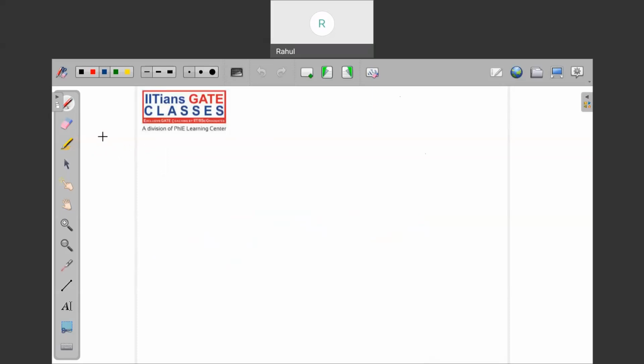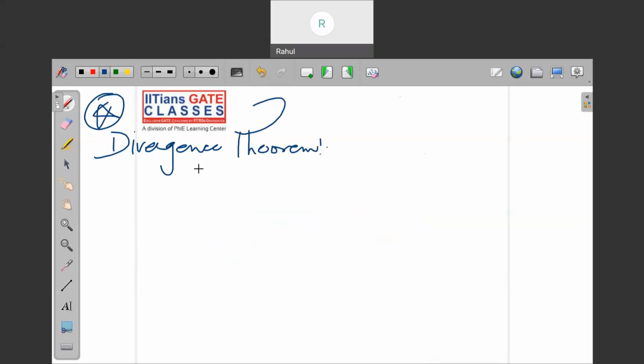So the divergence theorem and the Stokes theorem. What is the divergence theorem? This is very important. We will also discuss the Stokes theorem after that. Divergence we already know, that is del dot D, or del dot of a vector, the divergence of any vector. The divergence theorem says that it converts a surface integral to a volume integral.